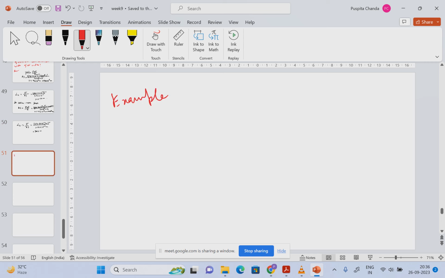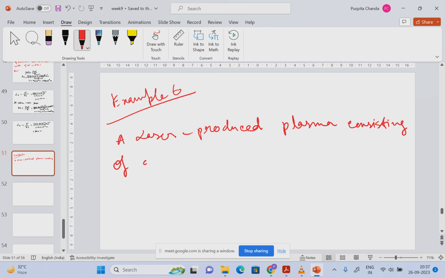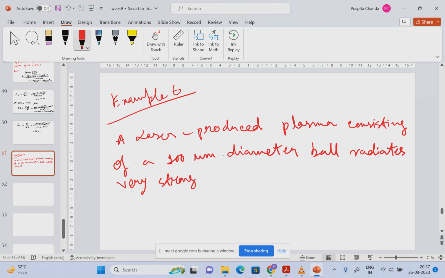Example 6. A laser produced plasma consisting of a 100 micrometer diameter ball radiates very strongly at a wavelength of 10 nanometer.